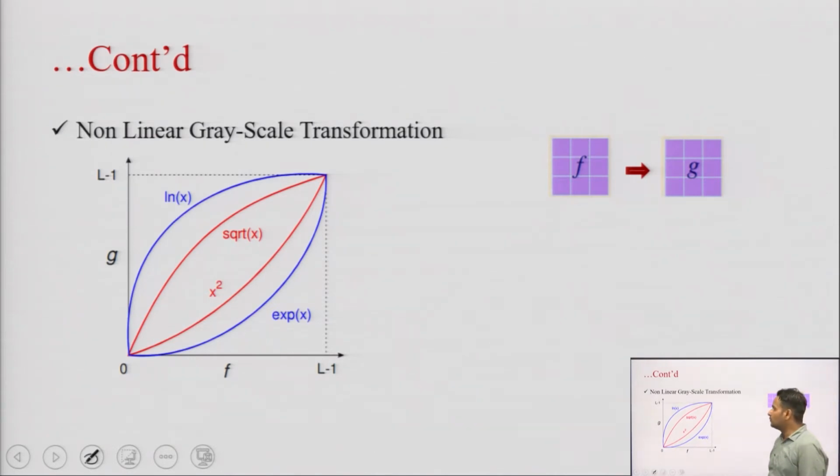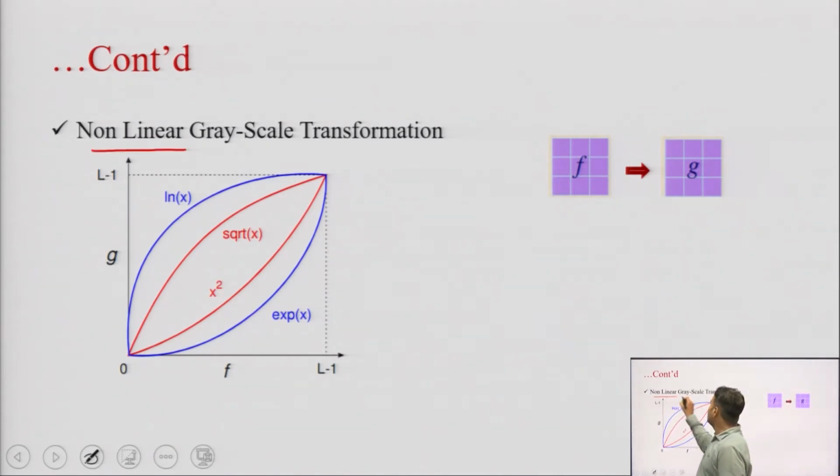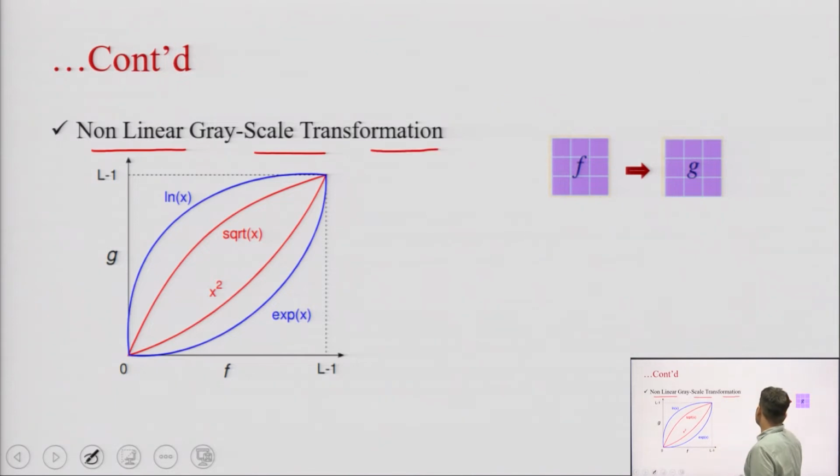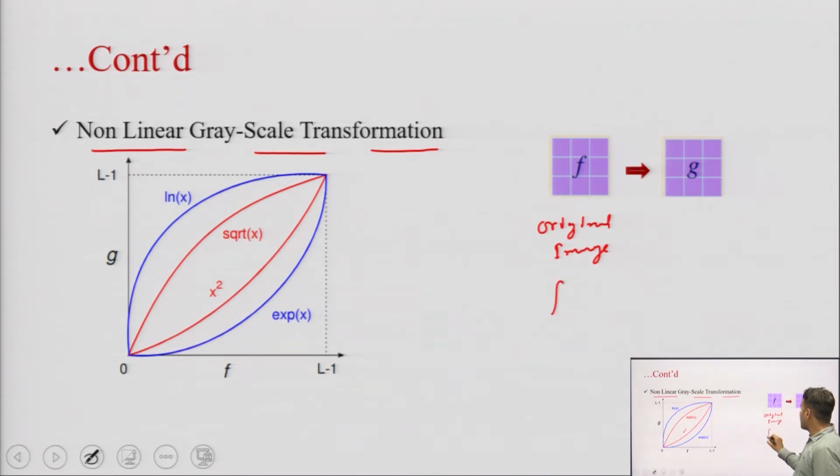Now, you can observe here the non-linear gray scale transformation. This is the original image, and let us consider we have f of i comma j as a digital image.